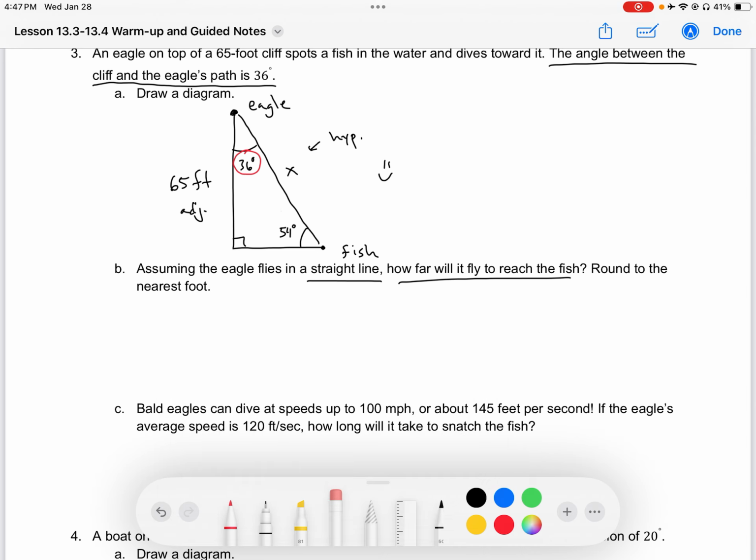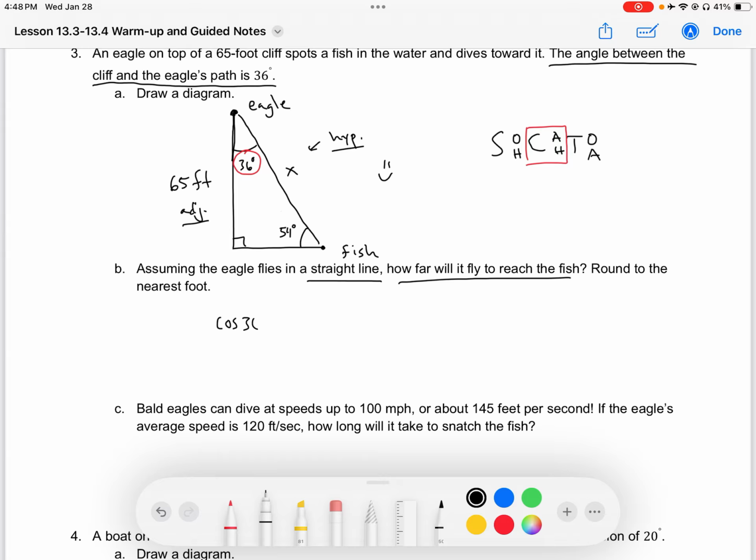But I'm going to use the 36-degree angle, and since 65 makes part of that angle, that's the adjacent side. So remembering my little mnemonic, SOH CAH TOA, I'm looking for the trig ratio that relates hypotenuse and adjacent. Well, that's cosine.